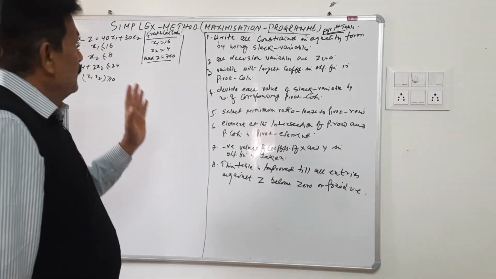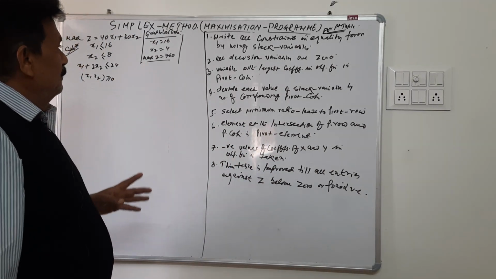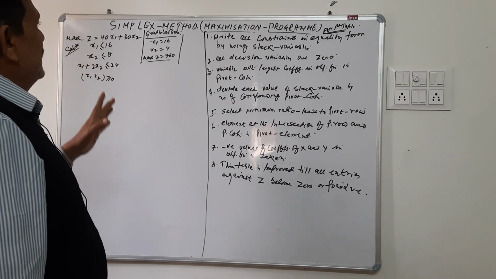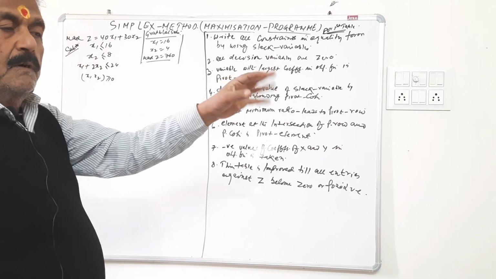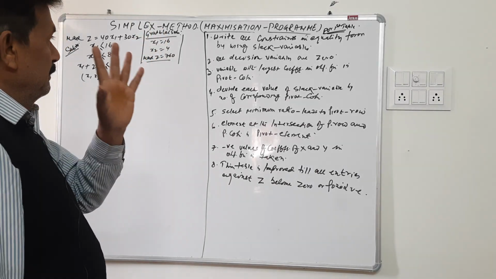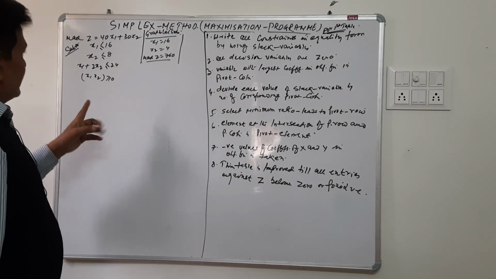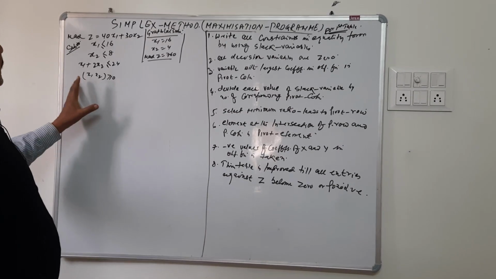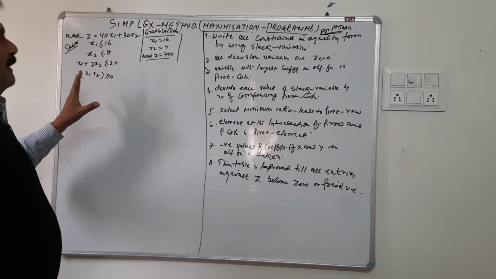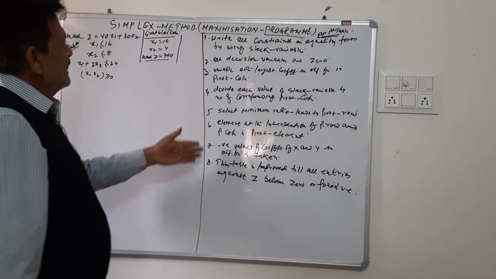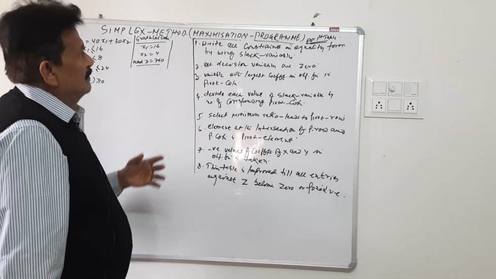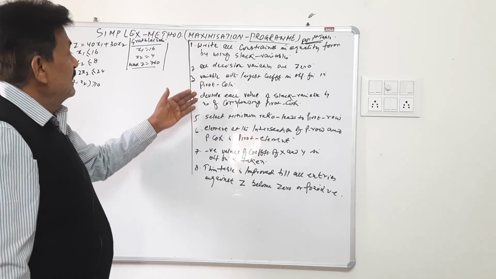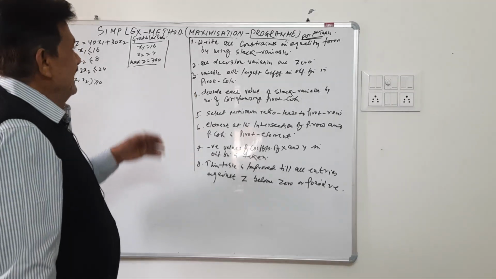So this way we start from the worst solution. This is an iteration process: first table, second table, third table, and so on, till we get the optimum answer. To start with, while making the first table, these are the 8 guidelines which must be followed.